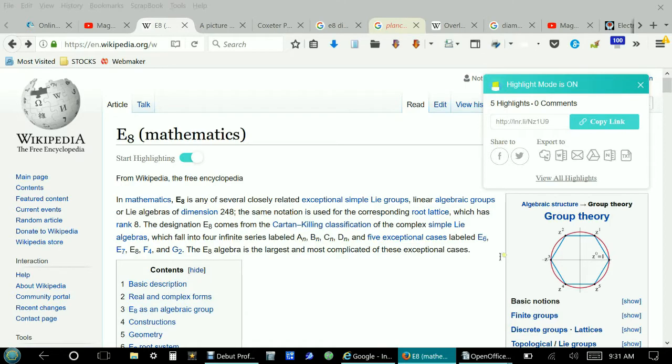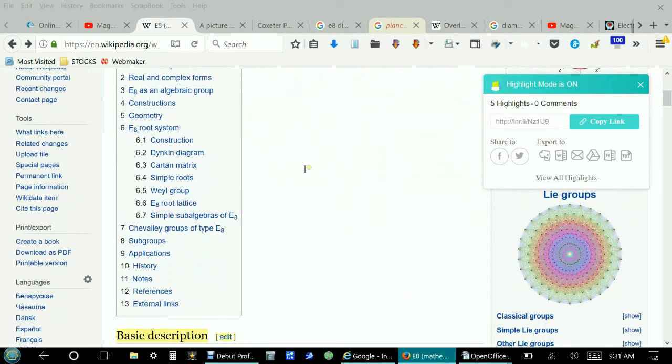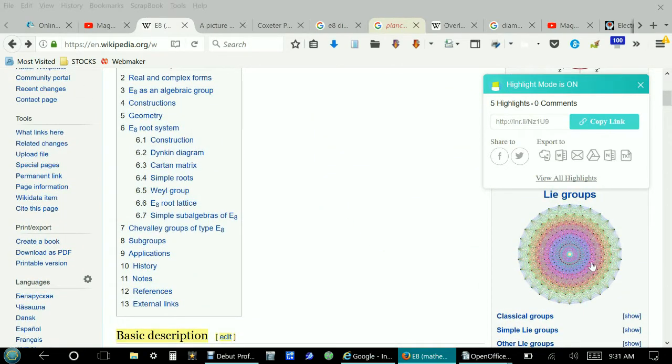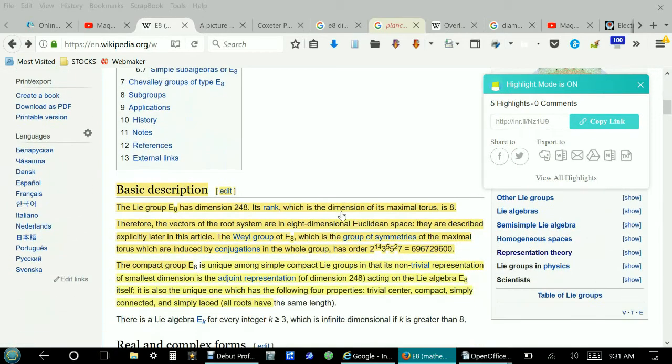Just recently, a new field of mathematics emerged when a certain physicist discovered that a diagram, this is the diagram right here, it's a torus, done in the mid-19th century, represented the interactions of the atom and the method in which light travels through the atom. So the basic description, the Lie group E8, dimension 248.